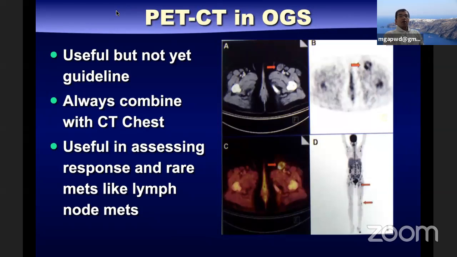A lot of people have asked about the role of a PET-CT in the diagnostic workup of an osteosarcoma. As of today, it's still not an absolute must in the guideline. But we all do a PET-CT because we find that it is extremely useful, not just to pick up atypical sites which are rare, but more importantly, to pick up the response to chemotherapy.